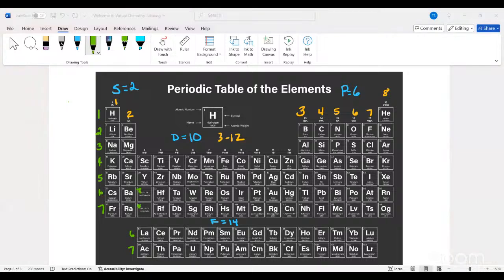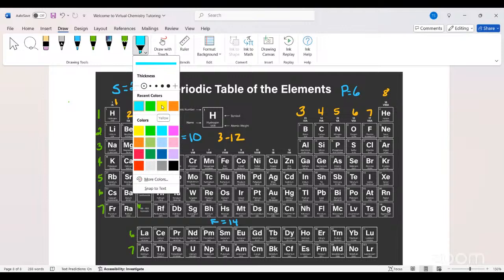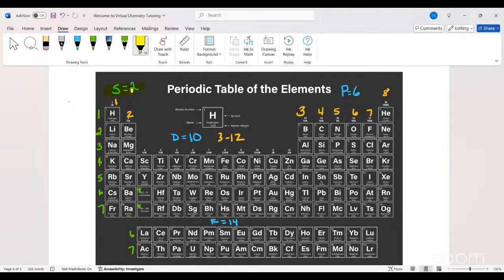So right here, okay, as you will notice, when we say the first period, it has S energy levels right here, S sub energy levels, okay? You see this part right here that I'm going to highlight. Matter of fact, I'm going to put a yellow, I'm covering up the S2 right here. Now that looks like it's green up there, okay? On the first period, we have S's. That's what we have on the first period.